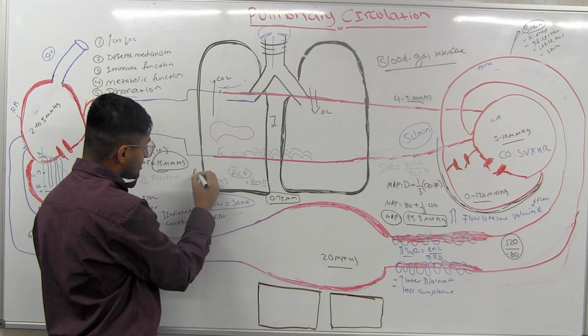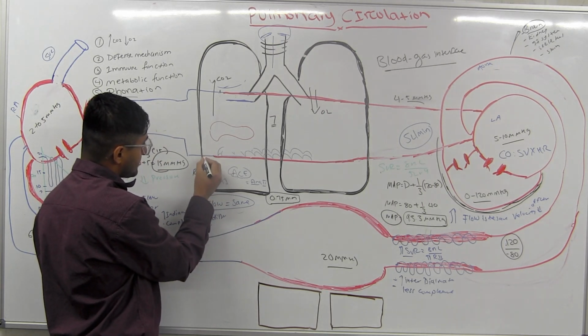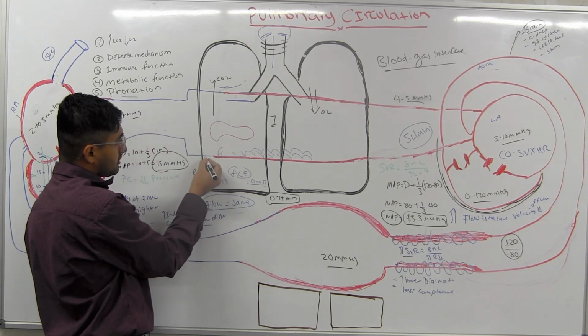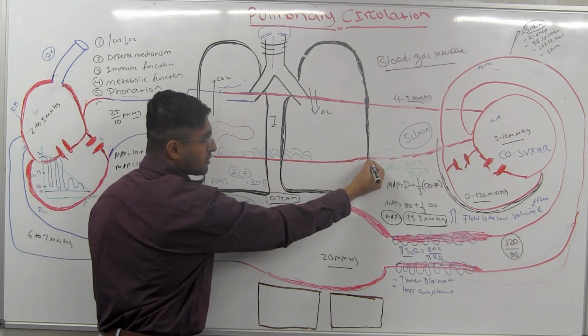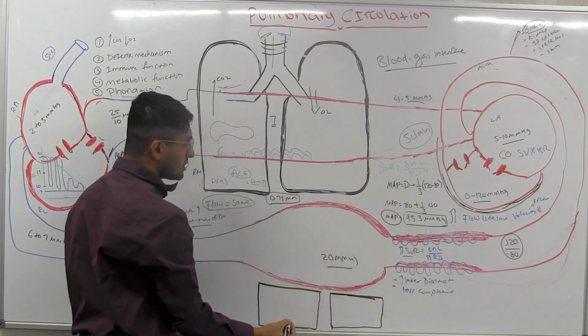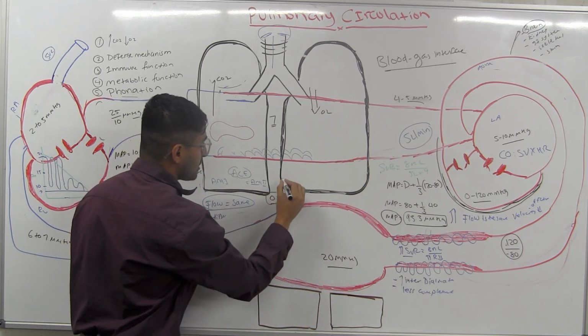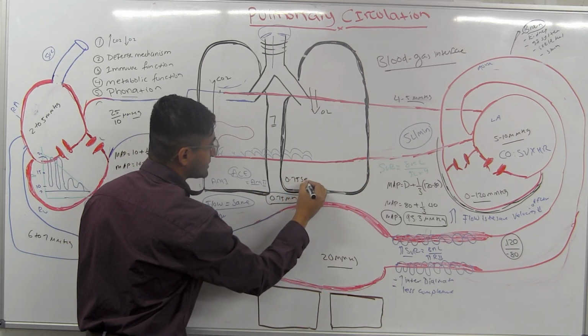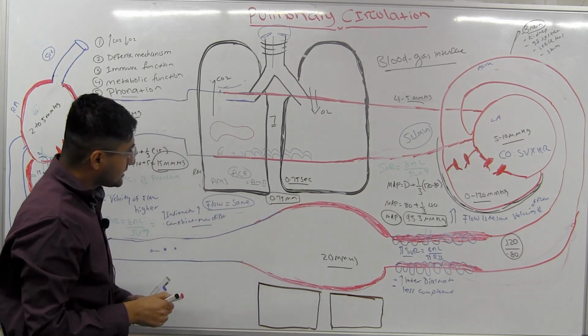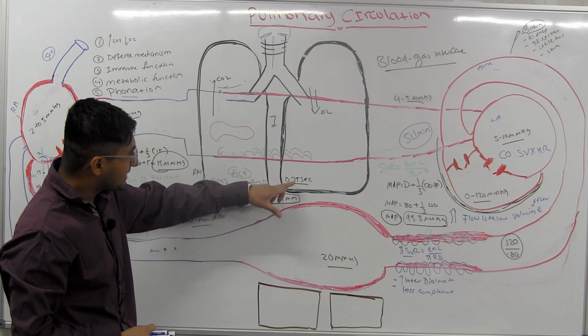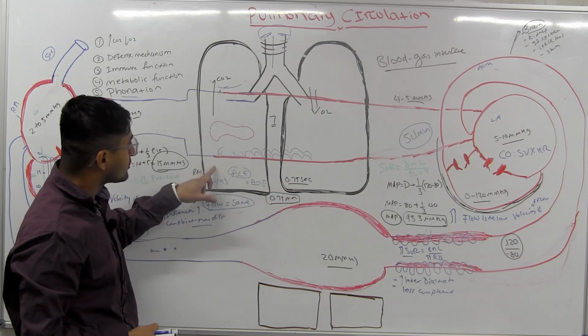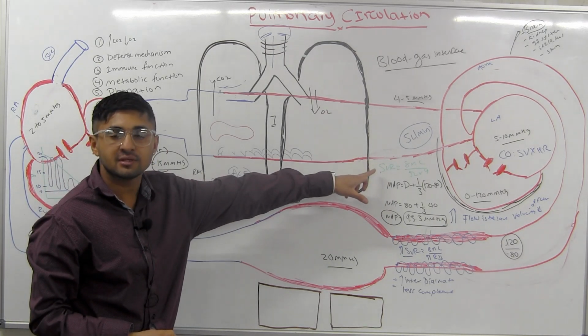Whenever your red blood cells travel from this side, which is the pulmonary arterial side, to the end of this capillary, where it becomes the pulmonary vein, it takes about 0.75 seconds. So 0.75 millimeters is the length, and this is how much time it takes for your red blood cells to get to the end of the capillary.